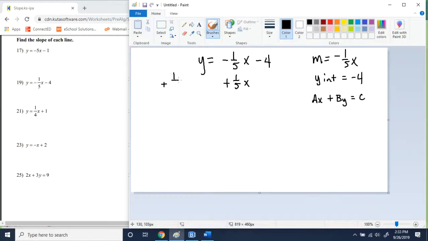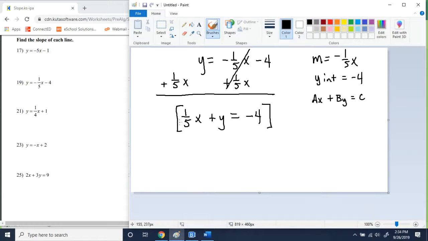Now I cannot combine it with the y because they're not like terms. So I have 1/5 x, bringing down the y, equal sign, these are going to cancel, a negative 4. So now I do have my x on one side, my y on that same side, and then the c, which is -4, on the other side. But I still want this x to be a +1.